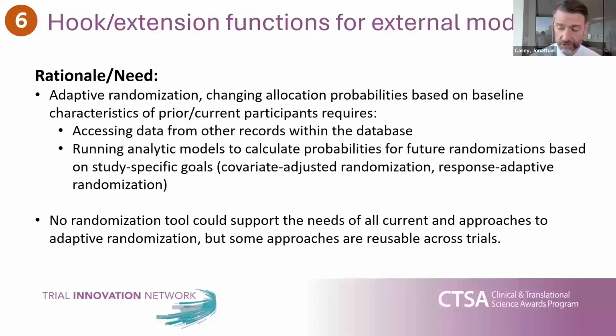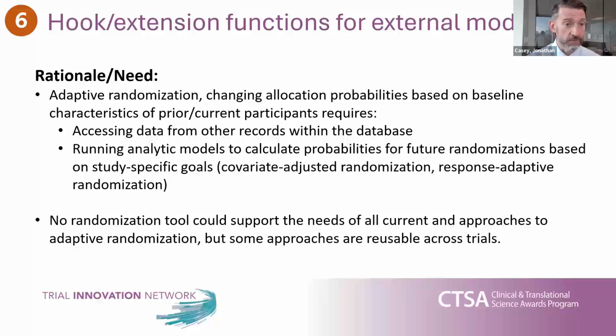All right, for the next two functionalities, you'll see how I'm getting out of my depth as a non-bioinformaticist and non-statistician. But it was clear in making this tool and engaging the user base that if you want to do adaptive randomization and change the allocation ratio for future participants, the reasons you might do that, the variables you might use, and the limits you set around that are different for almost every trial.